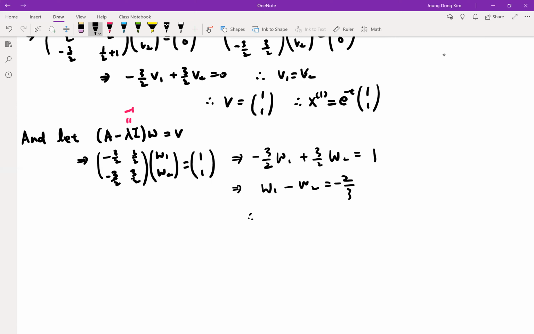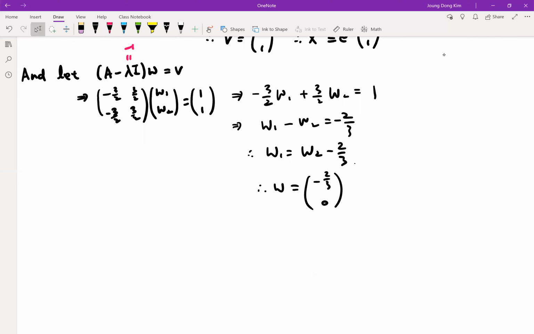Then I can say my w1 is w2 minus 2/3. Is it clear? So if I say my w2 is equal to 0, then my w1 is negative 2/3. So I can say my vector w is negative 2/3 and 0. And that's it. We found w.